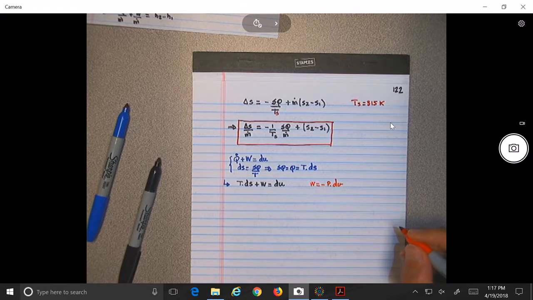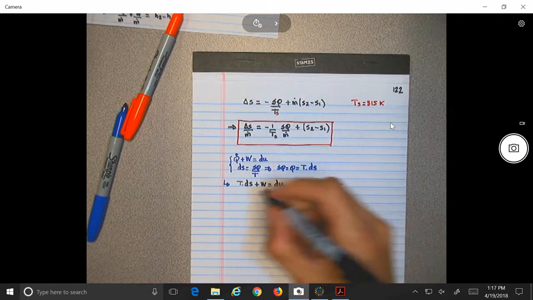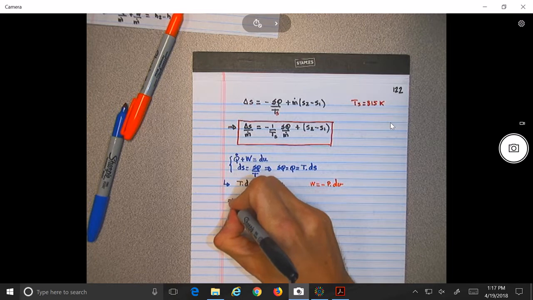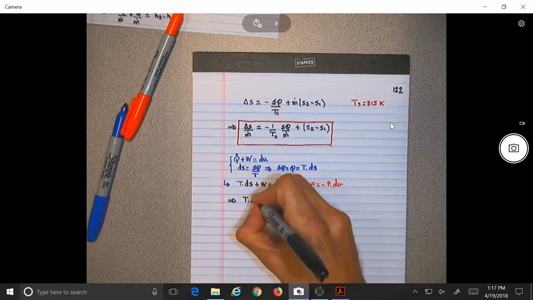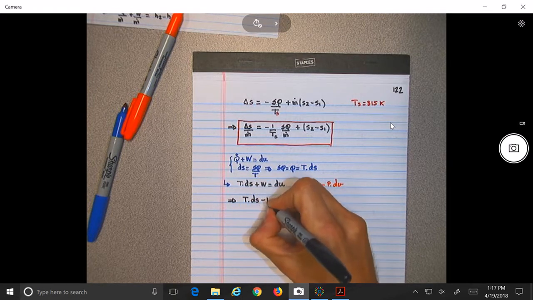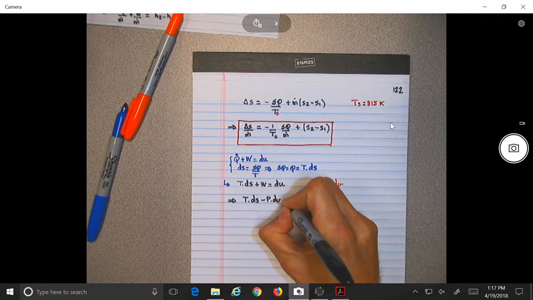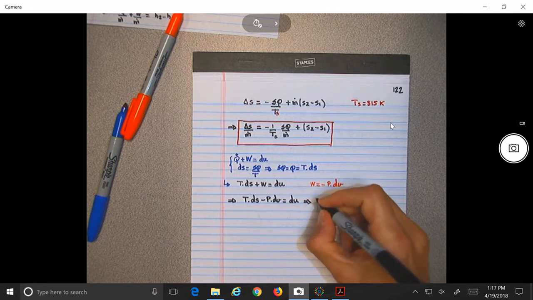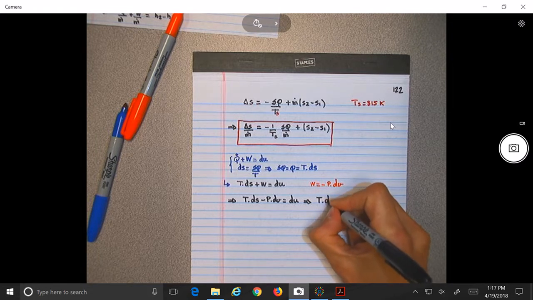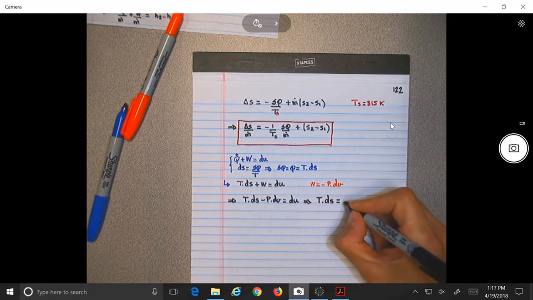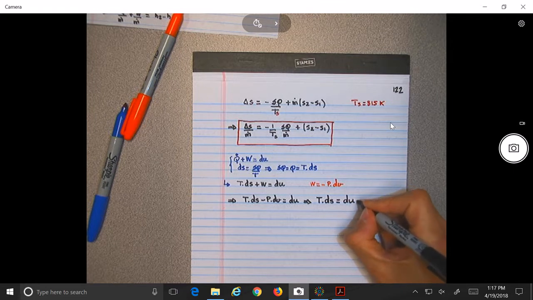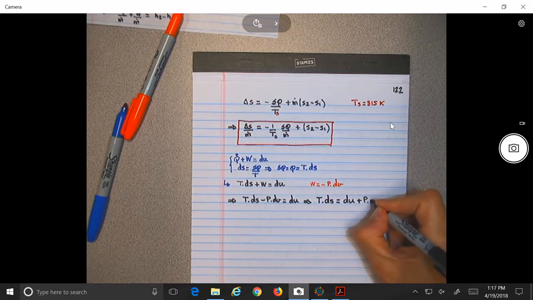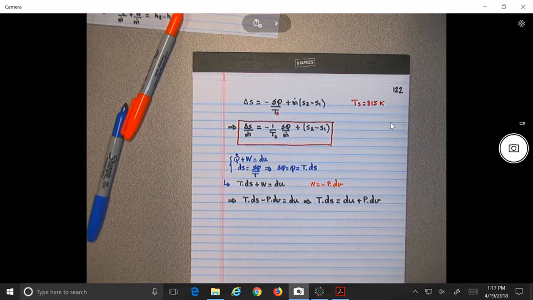Minus PdV. So that equation becomes actually what? TdS minus PdV equals dU, or the first TdS relation was what? dU plus PdV.